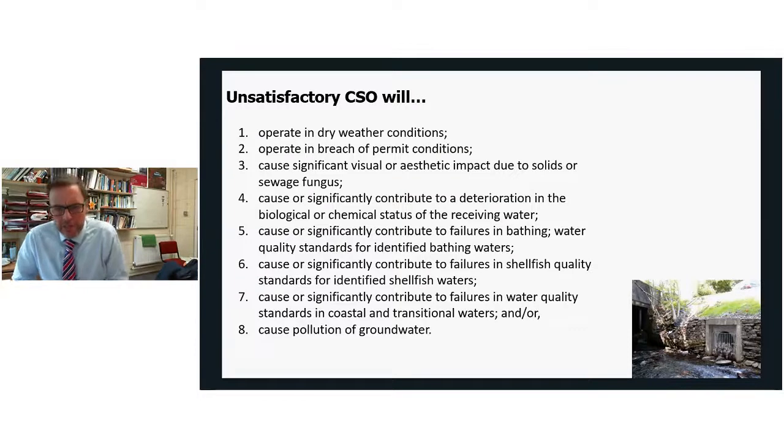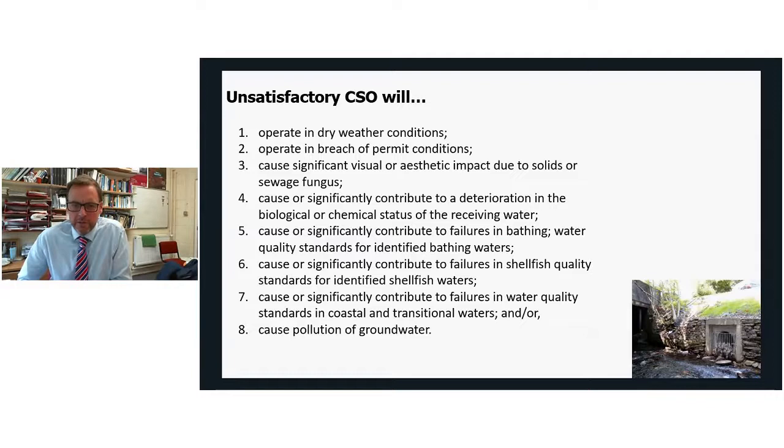Since I graduated from university, there's been a big focus in the UK on removing what's called unsatisfactory CSOs, and this list here goes through some of the conditions which might lead to a CSO being classified as unsatisfactory. Then some investment takes place to remove it or reduce the spill frequency or the spill volumes.